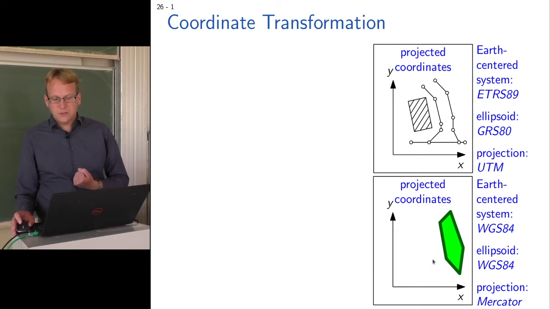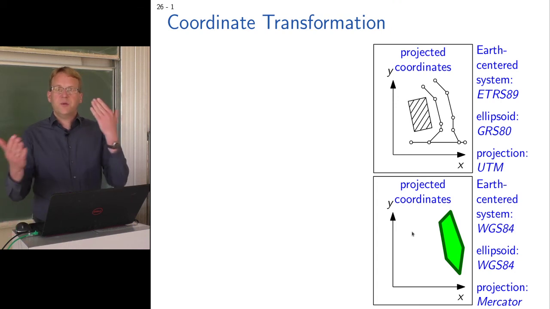And on the other hand, you have probably a data set of forests, maybe coming from, let's say, OpenStreetMap. There we have the global Mercator projection, with the ellipsoid WGS84, which is in common use with the OpenStreetMap community. They work, of course, much with GPS, so WGS84 is important, and that also has a corresponding Earth-centered system, WGS84.